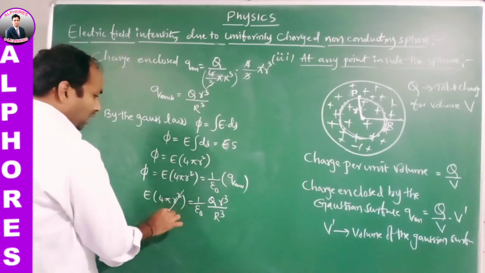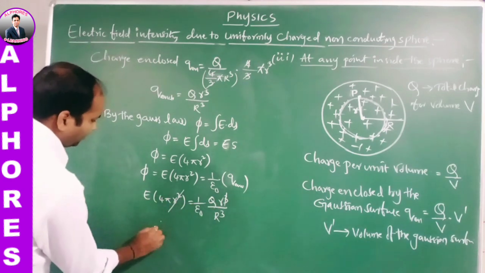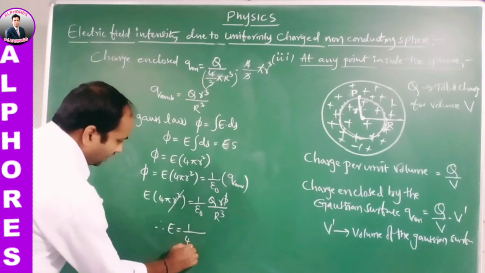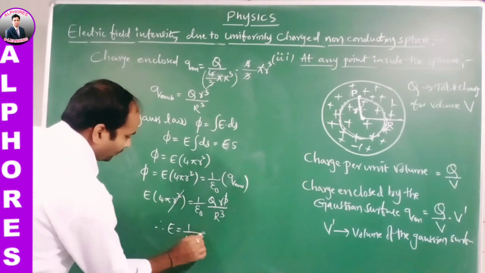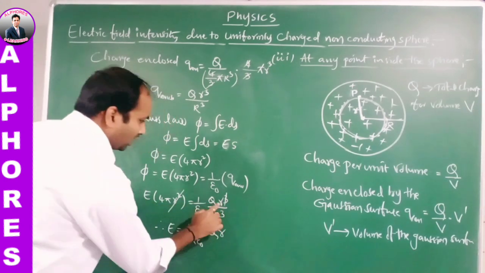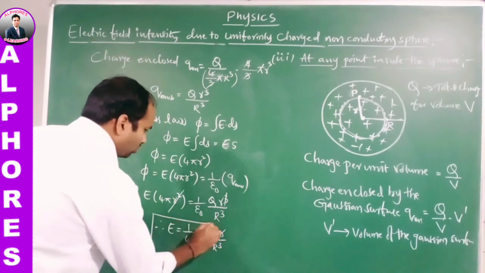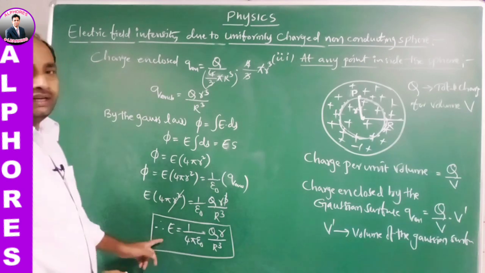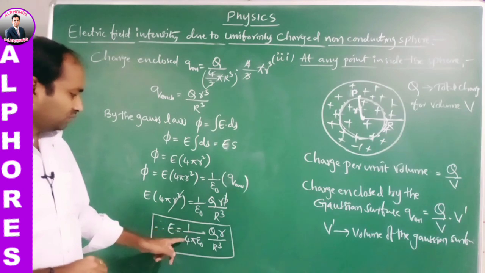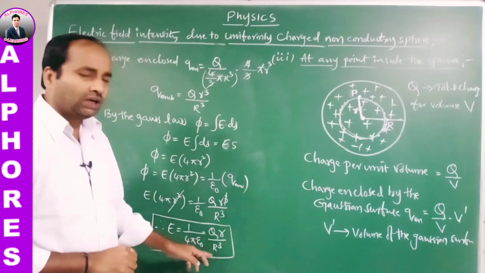Small r square cancels, and one r remains. Therefore E is equal to 1 by 4 pi epsilon naught, Q r by R cube.